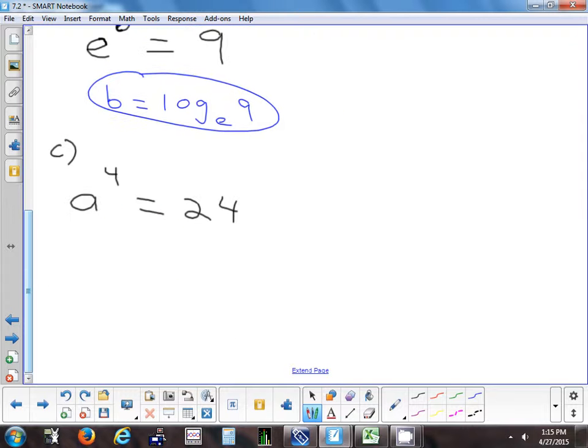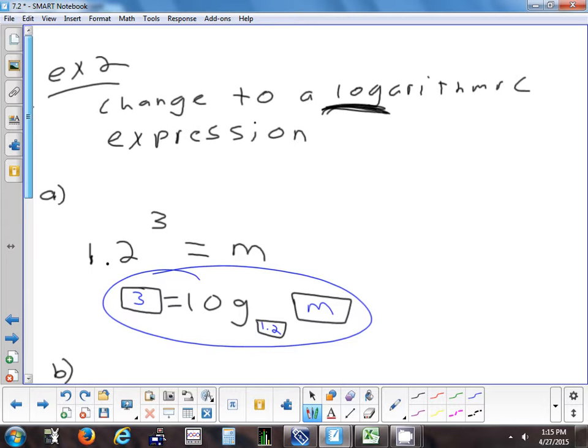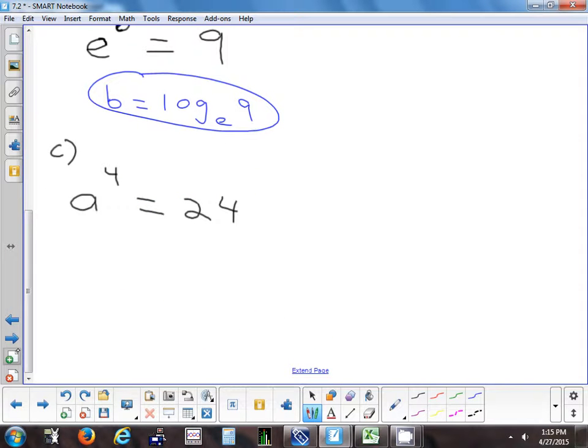It says a to the 4th power equals 24. All right, so Brett, what would be the first thing I'd want to put down? Yeah, if you're changing to log, write down the word log. Okay, Emily, what's my base? Good.